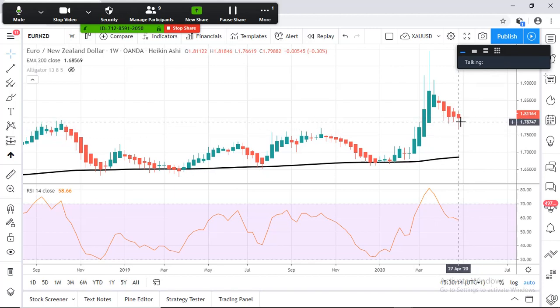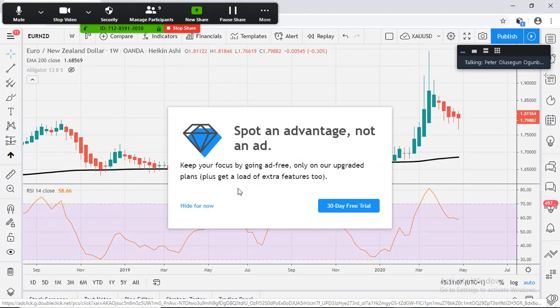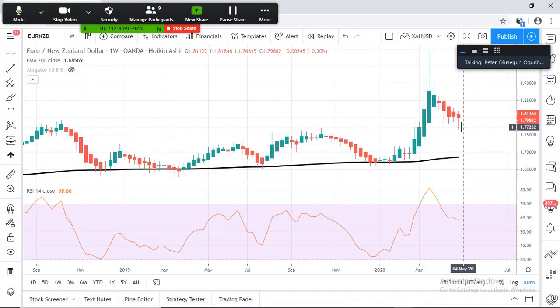For now, I want you to concentrate on the last candle I'm going to show you. The last candle here tells you on a week that this market is selling. The information that we have here is the market has been selling.